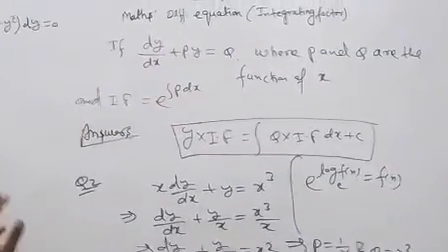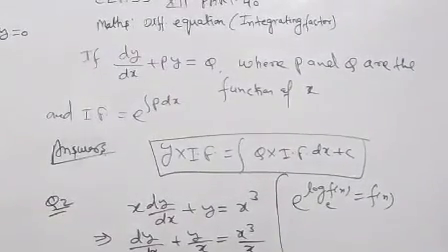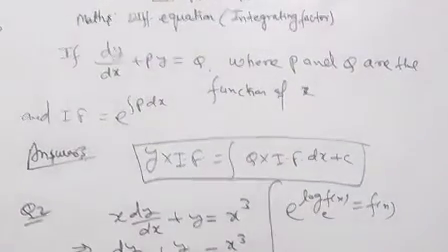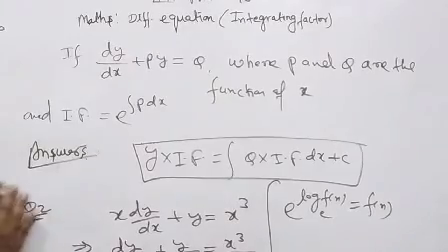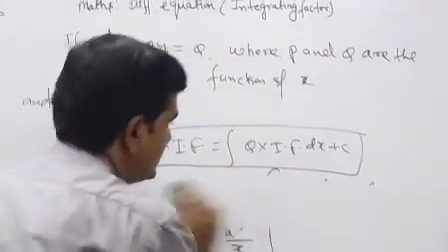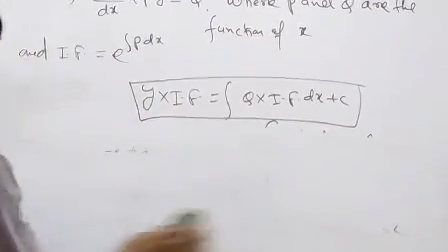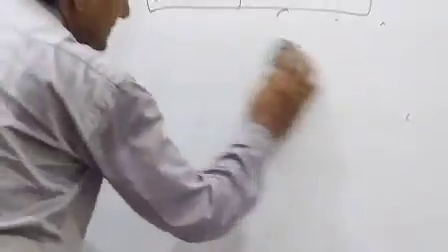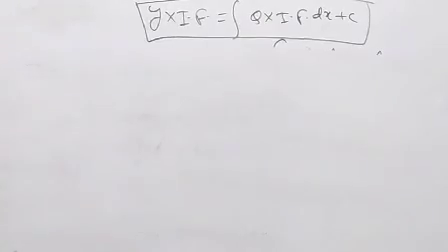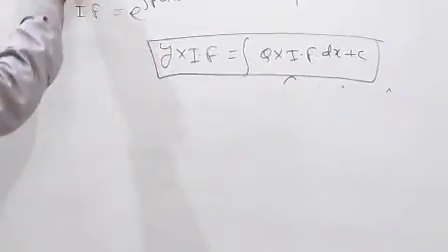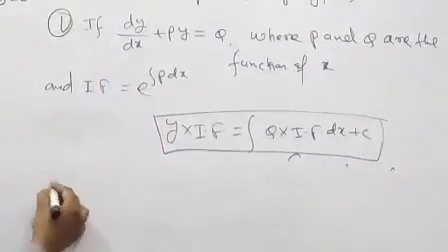Now, if any question is in this form, dy by dx plus Py is equal to Q, we have another formula like this one, in which in the place of y we can write x. In the place of y, we can write x. This is the first form.